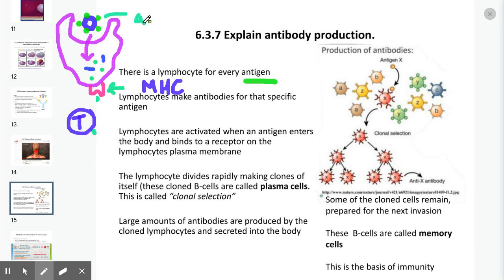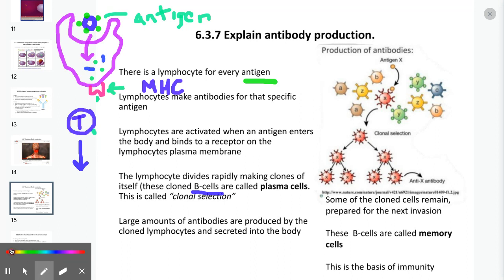So anytime you see green, I want you to think of it as that antigen, which is a protein that is not you. So that T cell has that antigen, and what the T cell will do is it's going to travel and give this information to the cells that make antibodies. And the cells that make antibodies are our B cells. So it's going to give that information to a B cell.